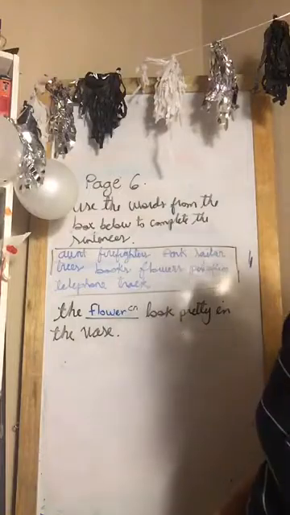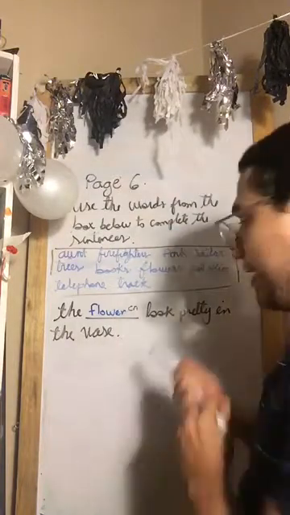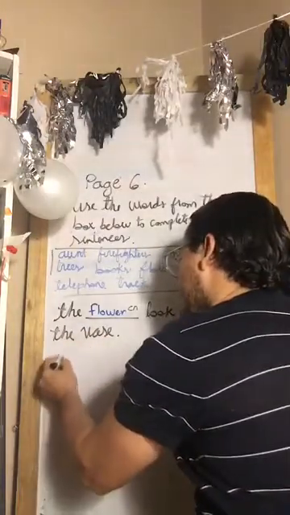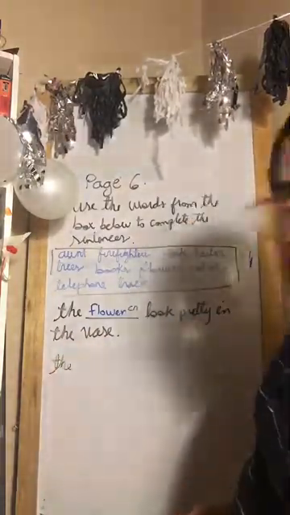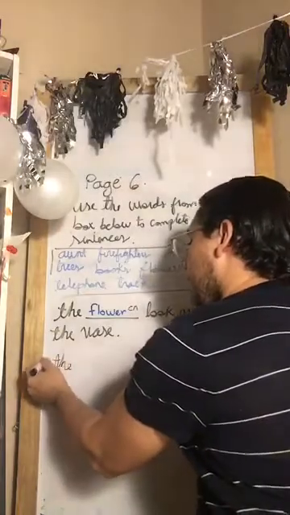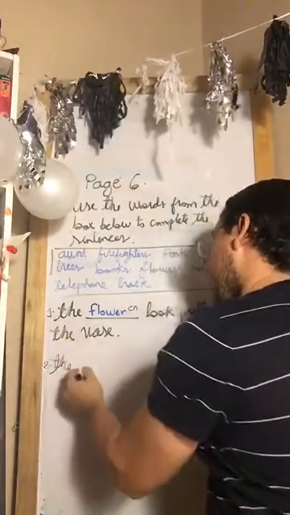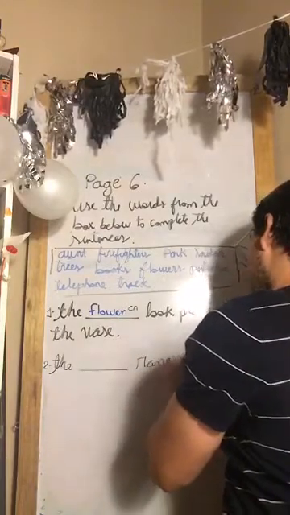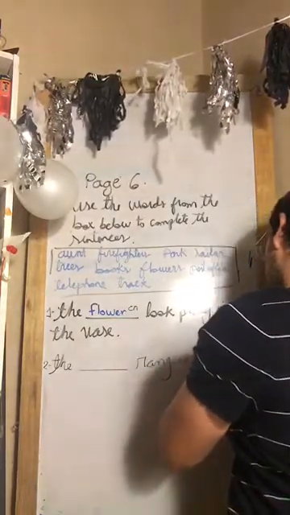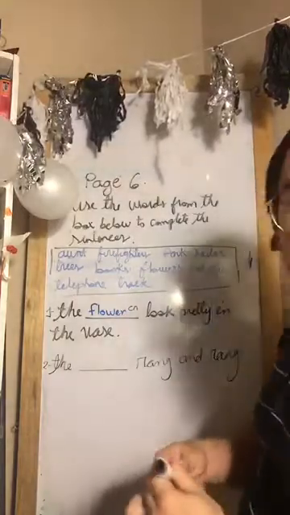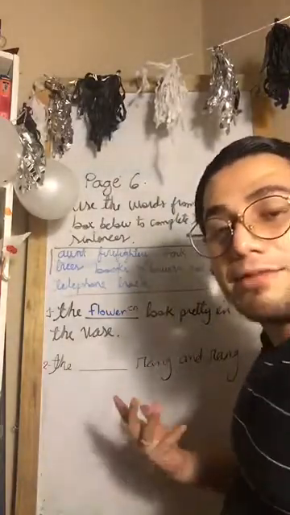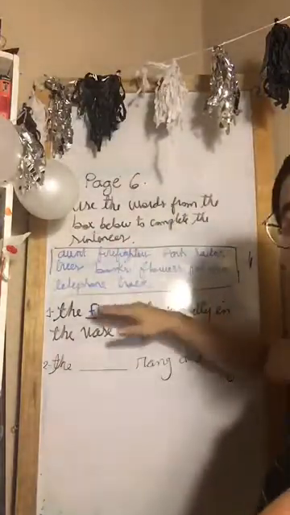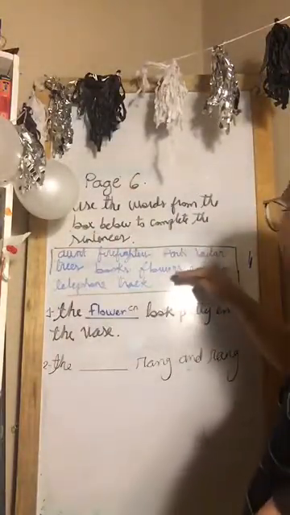Let's do one more example. The rang and rang. This is number 2. This is number 1. The rang and rang. Okay, so what do you think rings and rings? Do you think a firefighter rings, or a track, or a telephone, or flowers?